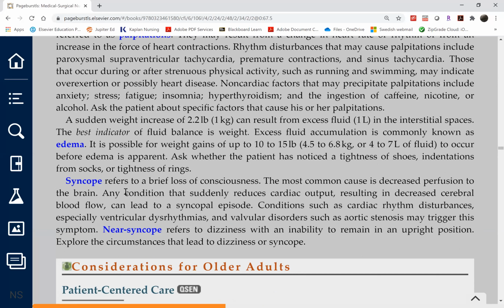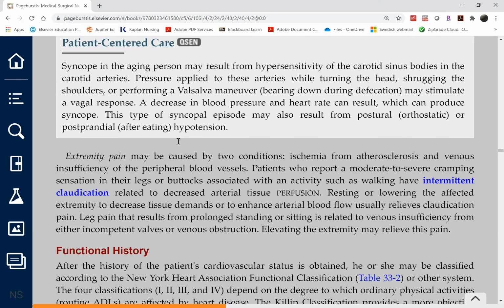Or maybe you're having a stroke. However, in 80% of the cases when somebody faints, it's usually a cardiac problem, meaning it's a cardiac output issue. Not enough blood is getting to the brain.